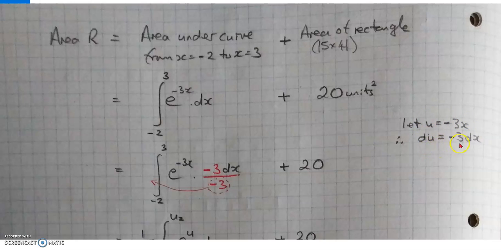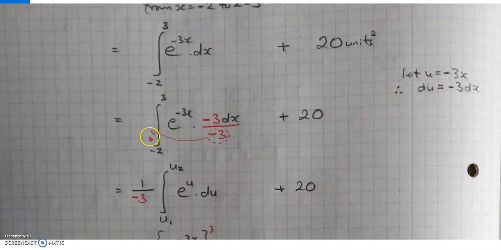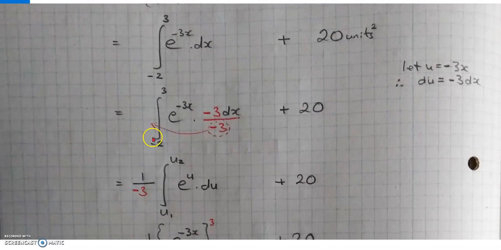So when I cross multiply the dx, I can see that du is equal to minus 3 dx. So if I pre-multiply the dx by minus 3 to make all of that into du, I've got to divide by minus 3 at the same time. So that minus 3 I can put in front of the integral sign in the form of 1/3. There it is, or minus 1/3.